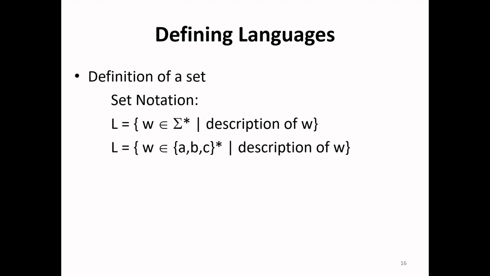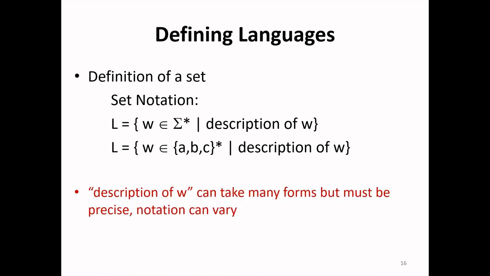The language is defined similar to our set-builder notation, that is, L equals all possible strings W which belong to summation star, where next is a description of W. This description of W can take many forms, but it must be precise and the notation can vary.